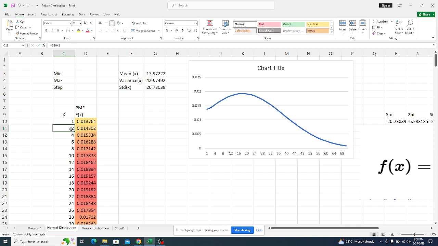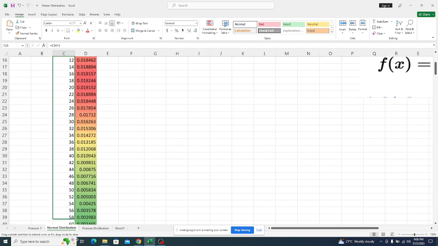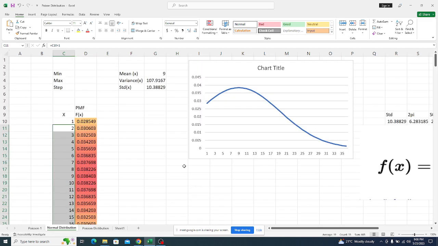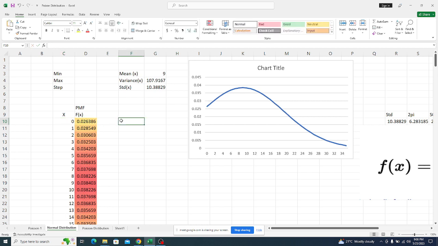How will the distribution look? It will be almost the same. What about when we start with 0 here? Whenever we reduce this value, the curve is trying to form a normal distribution.